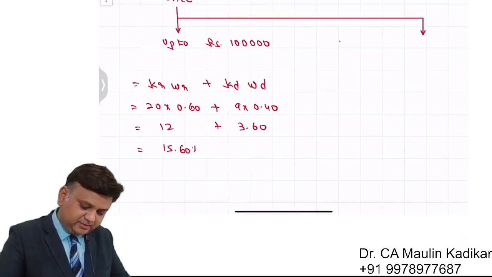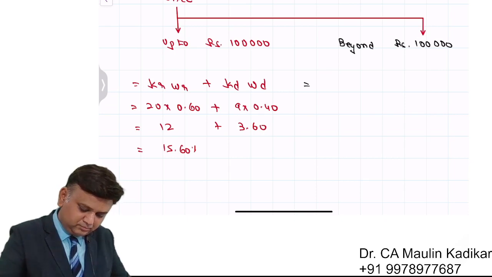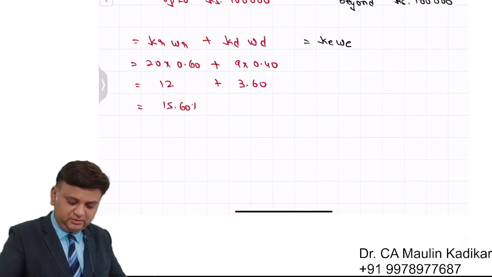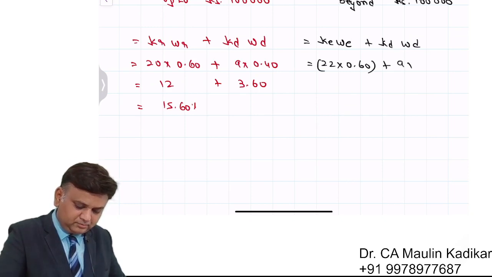Beyond rupees 1 lakh, we will have cost of equity into weight of equity, cost of debt into weight of debt. So 22 into 0.6, 9 into 0.4.